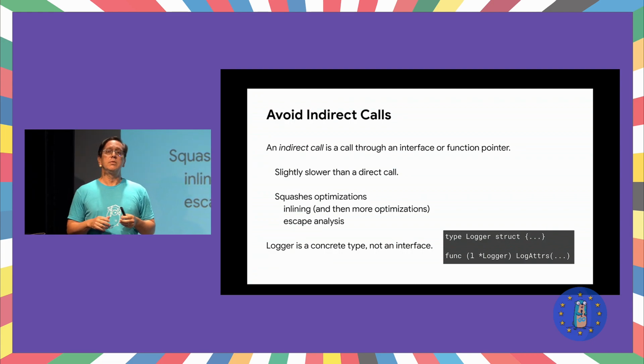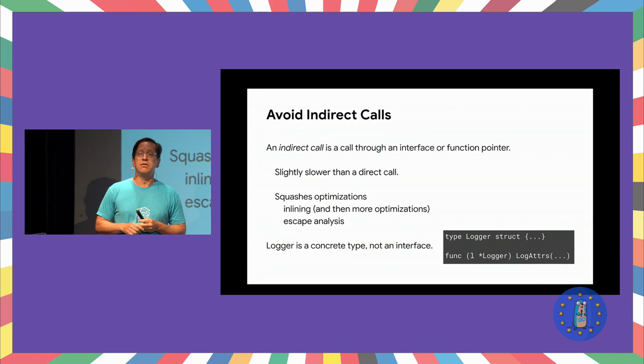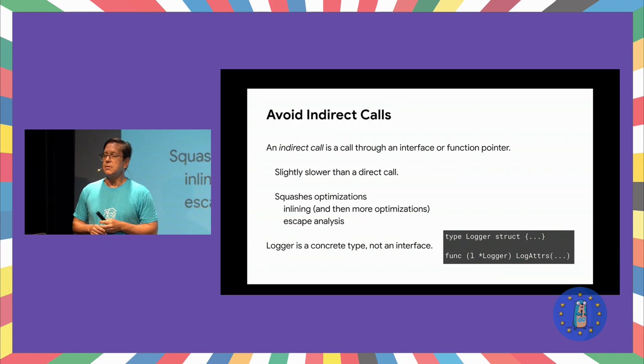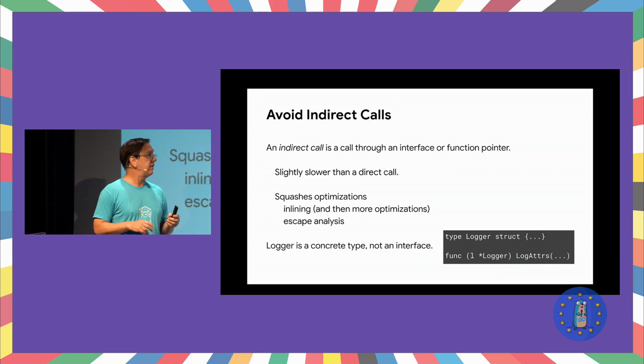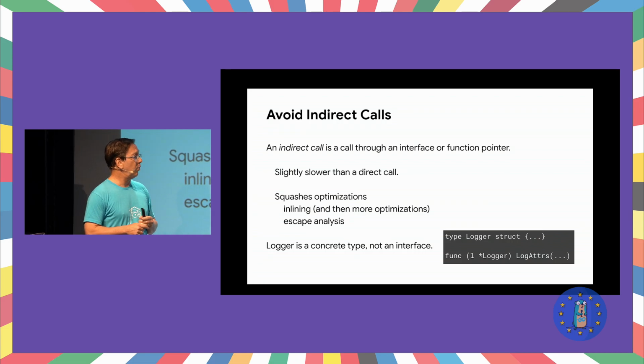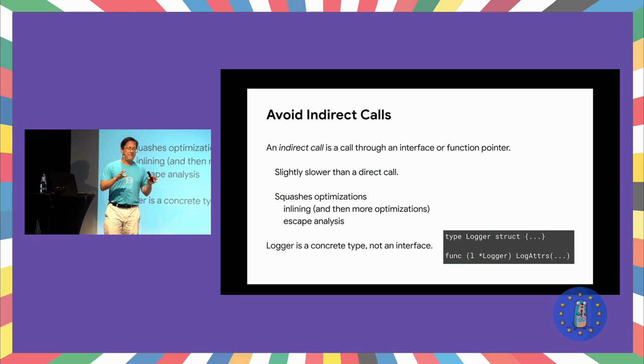And it also disables escape analysis, which I'm going to talk about in detail in a minute, but which has to do with memory allocation. So for these reasons, logger is a concrete type. It's a pointer to a struct, and not an interface. Now that's just a very vague idea. Well, I'm going to get precise about exactly how that saves allocations in a second.